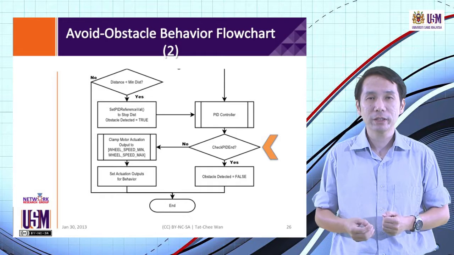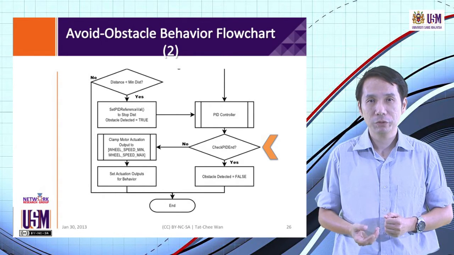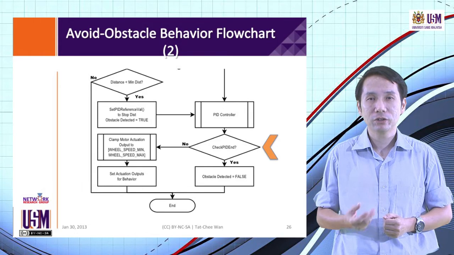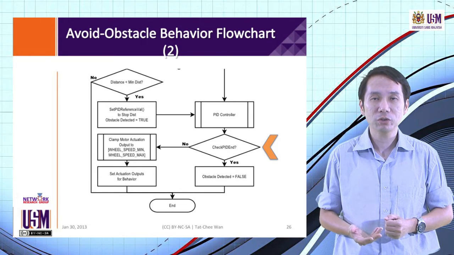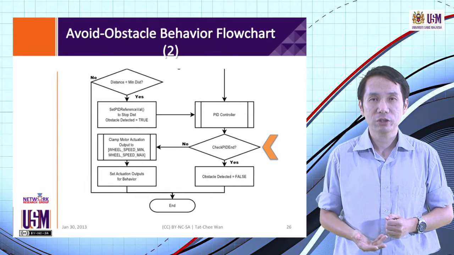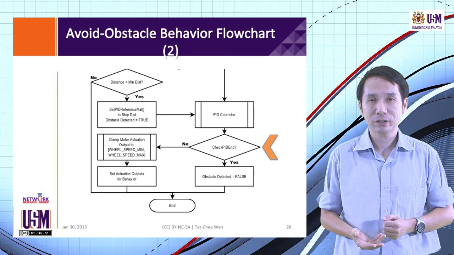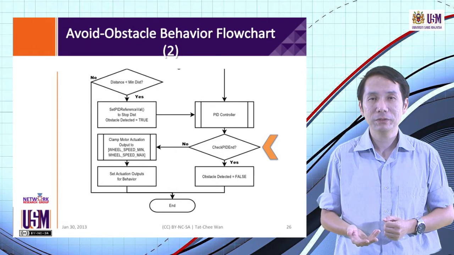The PID controller algorithm is implemented as a staggered processing algorithm, which is executed once every robot scheduling duration, which is also equivalent to the sampling interval defined for the PID controller. So after the PID controller has executed, it will generate output values. You will need to check whether the PID controller has converged by comparing the target distance with the actual distance provided by the ultrasound sensors.